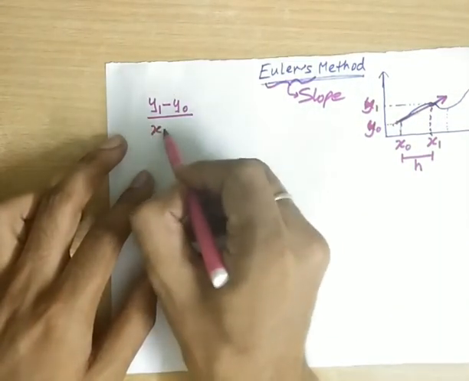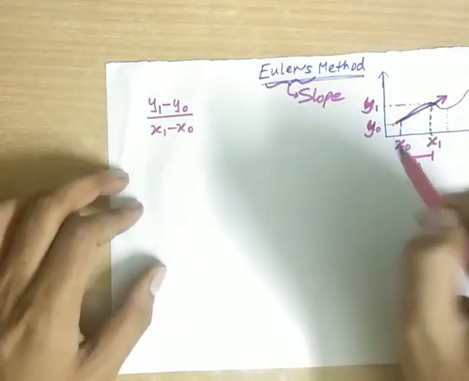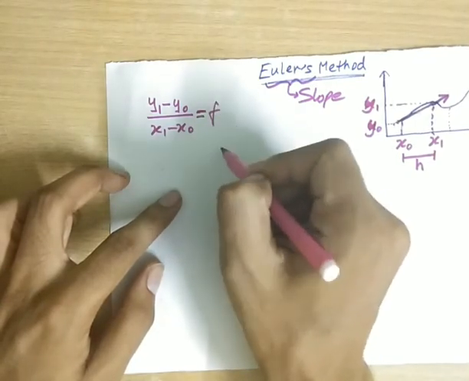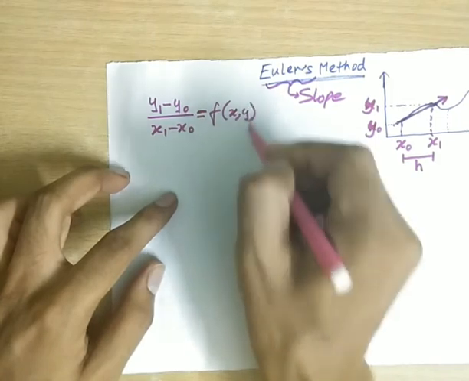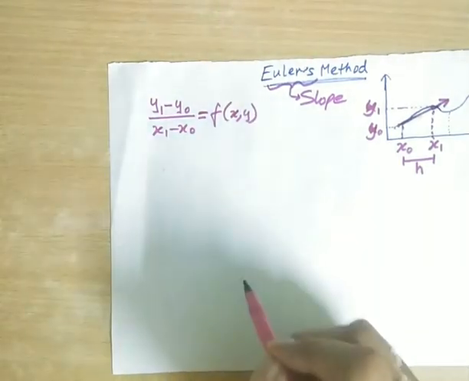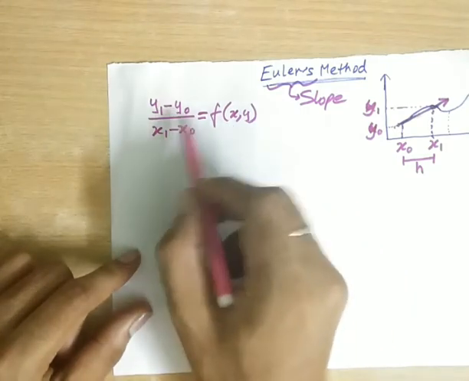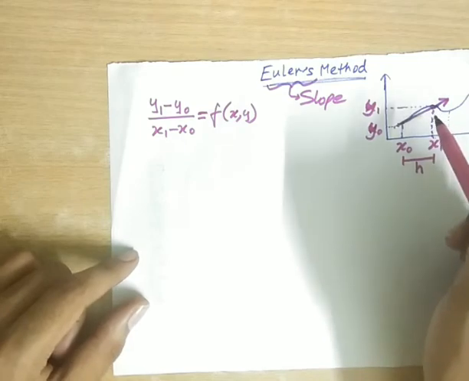This slope is a function f of x and y. This could be any function, but at last this is the slope, the approximate tangent that we will discuss here.